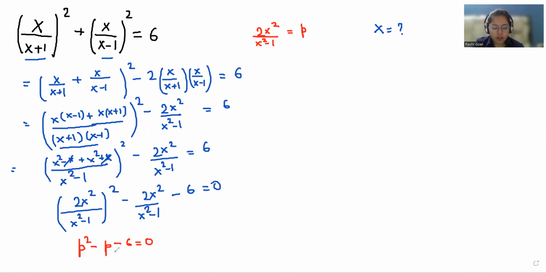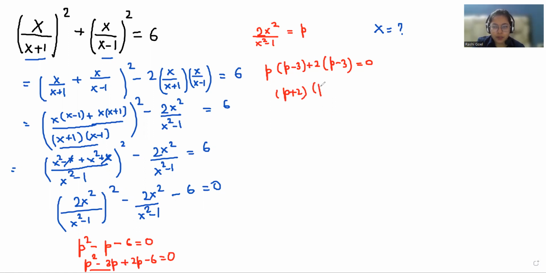Now it looks like a quadratic equation, so we can write it as p² − 3p + 2p − 6 = 0. I'll take p common from the first two terms, so p(p − 3), and take +2 common from the next two terms, so 2(p − 3) = 0. So our first root is p + 2 and the second is p − 3 = 0.